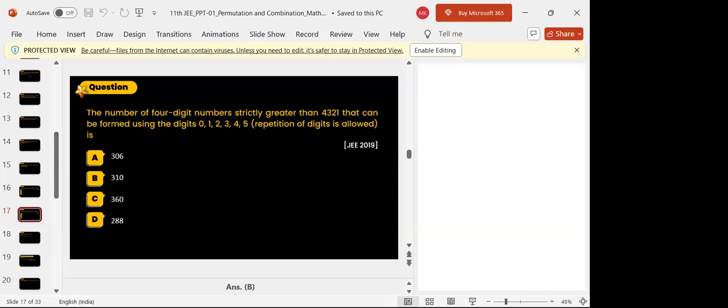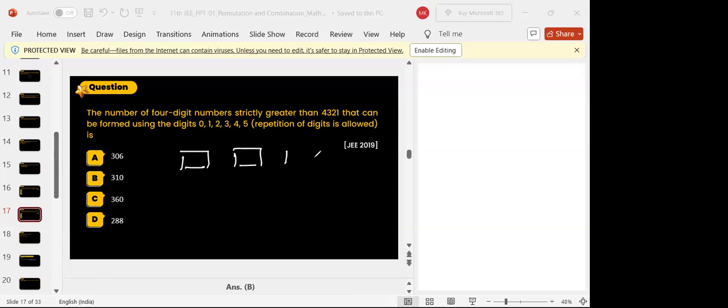Which is greater than 432. So greater than 4 in the first digit means only 4, 5 is possible. So 2 chances. In this we have 1, 2, 6, 6 chances.